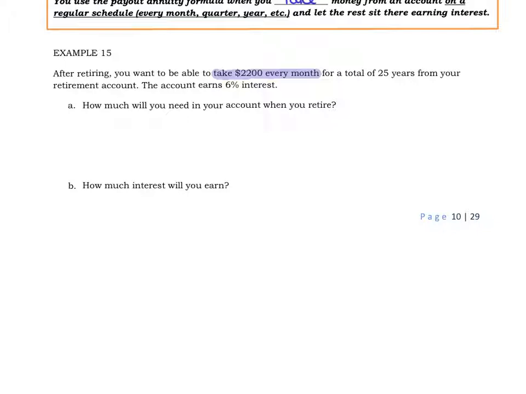So how much will you need when you retire? In other words, principal: what is the starting amount in my account? How much do I have to acquire so that I can retire and withdraw that $2,200 a month? That's your W. Then we have 1 minus the quantity 1 plus our moderate interest rate of 6%.